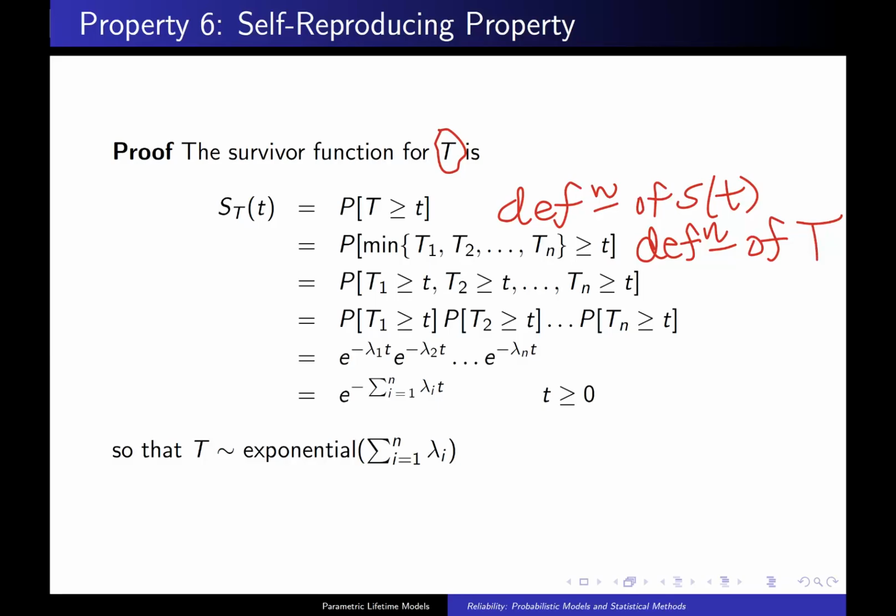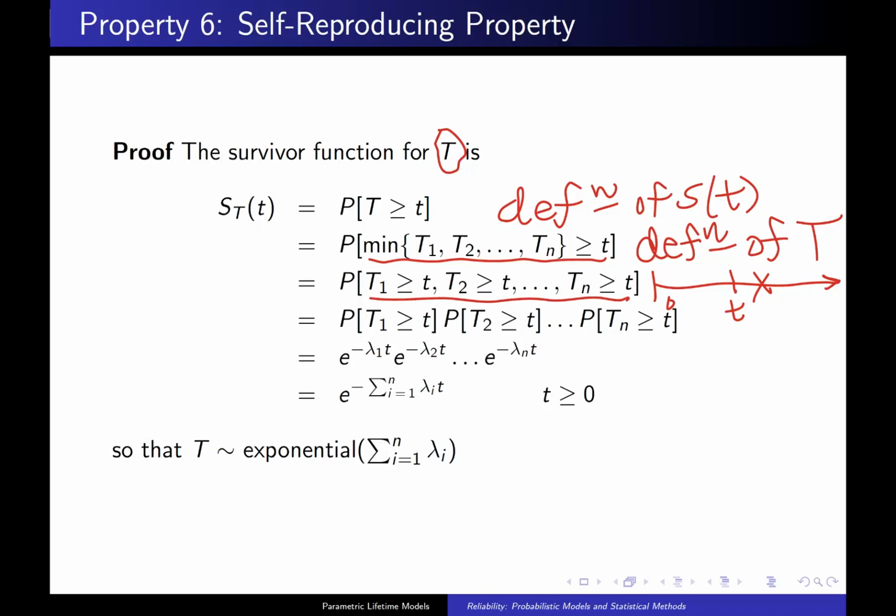Now this next step here, if I were to draw a timeline moving to the right, and let's say this is time 0 right here, if you were to let this point right here arbitrarily be t, well, if the minimum of all those variables is greater than or equal to t, then what that means is, let's say the minimum falls right here, that means that all of them have to be greater than or equal to t.